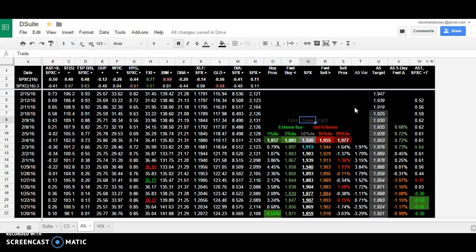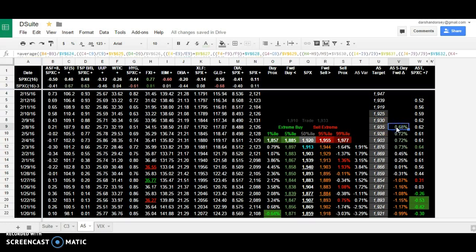If they're applicable, this will be lit up. But those are more for very short-term scalp trades. And then based on your proximity to these initial forward buy and forward sell targets, you have a proximity indicator which is also conditionally formatted. So this will give you your quickest indication of whether or not you are below the buy or above the sell targets at any given time.